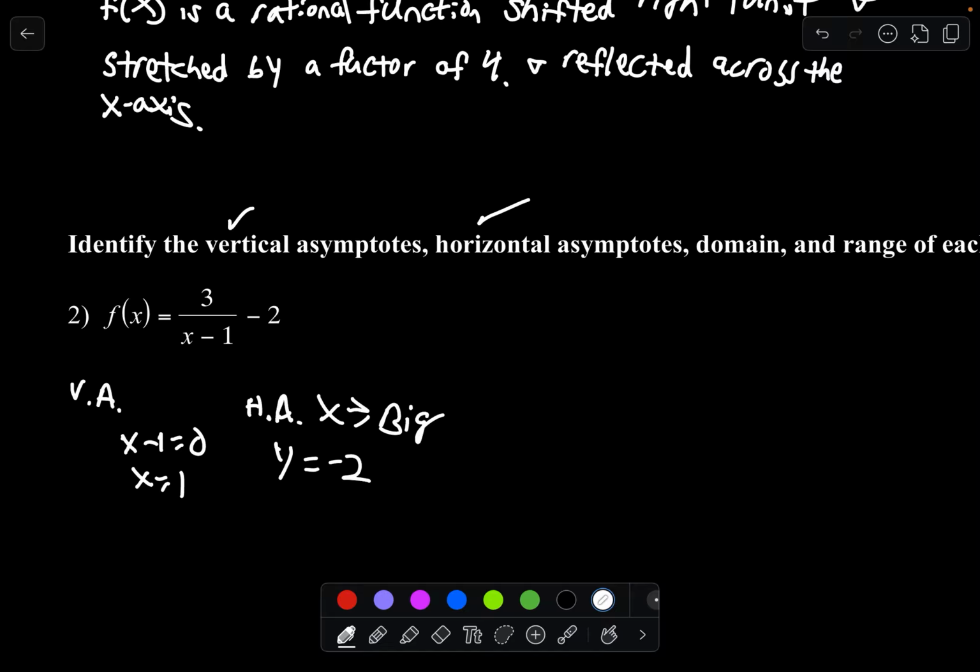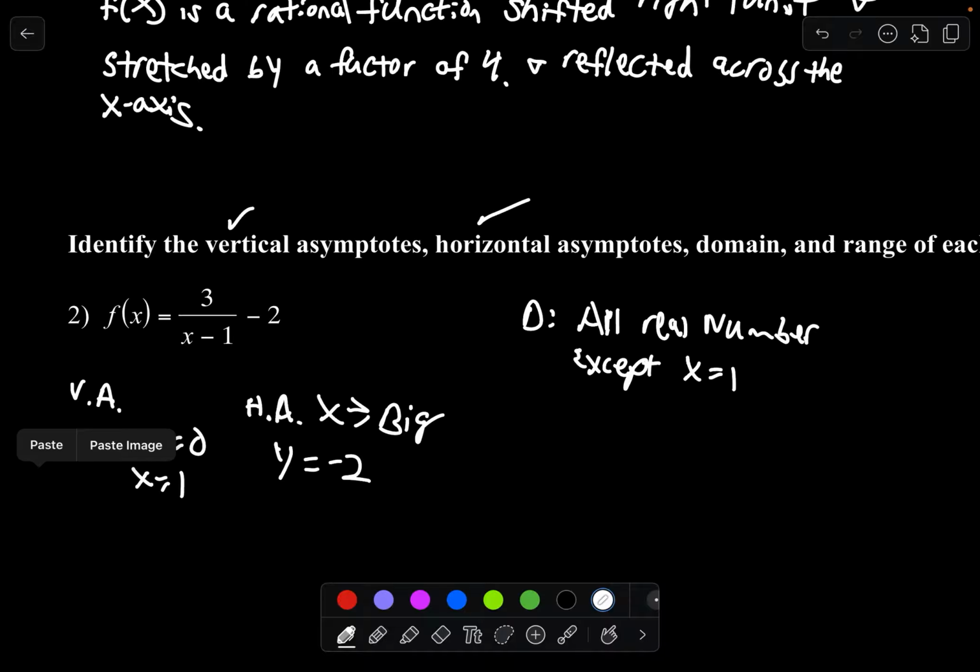So we got the vertical, we got the horizontal. Now the domain is all real numbers except x equals 1. Because x equals 1 gives you 0 on bottom, and you can't have that.